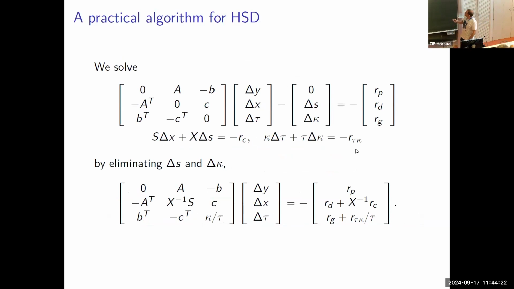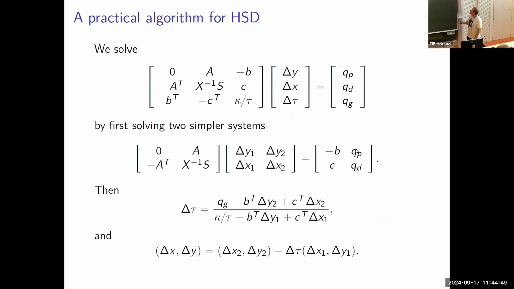The first thing we'll do is to eliminate delta S and delta kappa from the centrality conditions, and then end up with just one set of equations like this. So now it's a 3x3 block system we solve, and this is a non-singular system, so we can solve it. We solve it for delta y, delta x, delta tau, and then we find delta S and delta kappa from centrality.